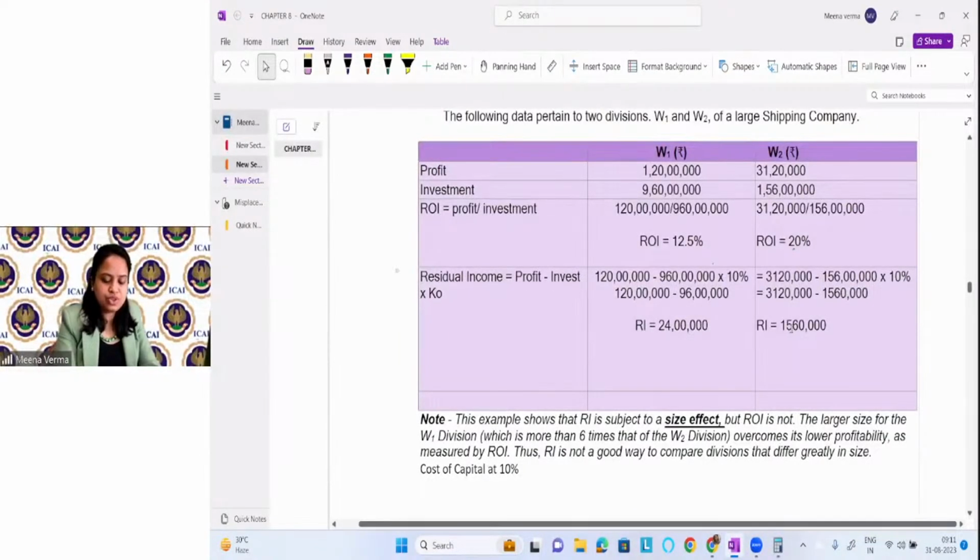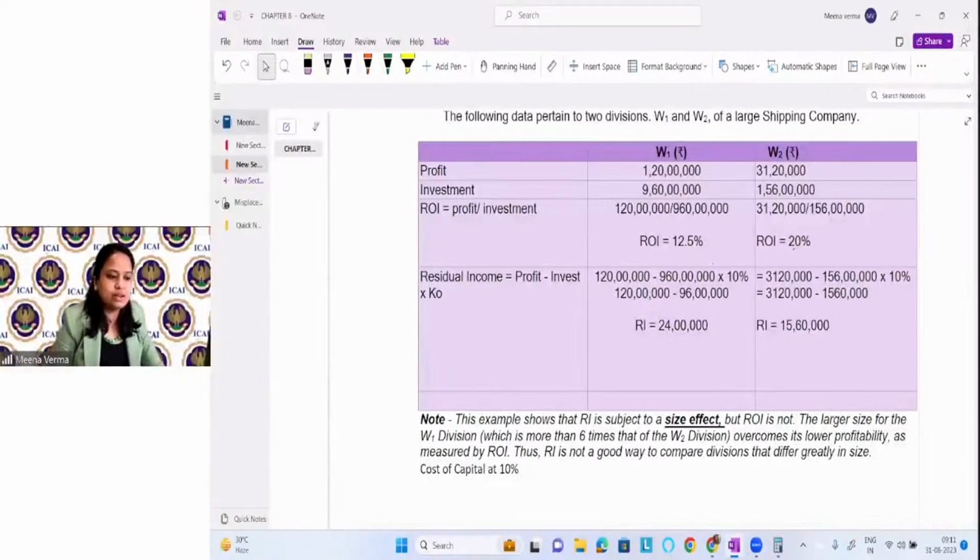Which one has the higher residual income? If I make the comparison, I can find that RI is higher here as compared to here, while return on investment is higher here in this case. It is giving you a contradiction.